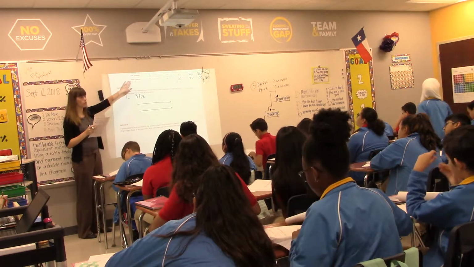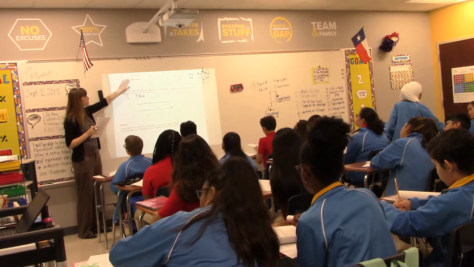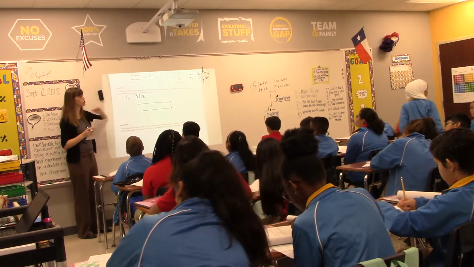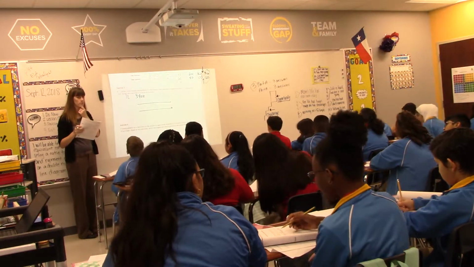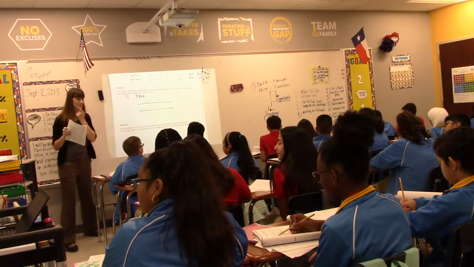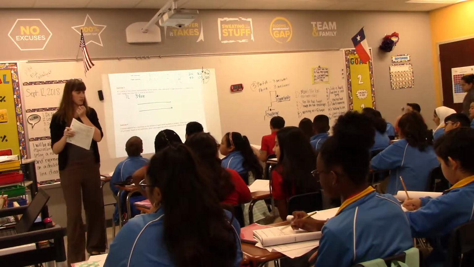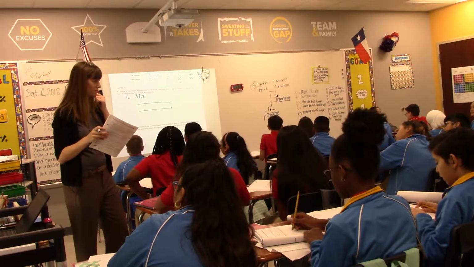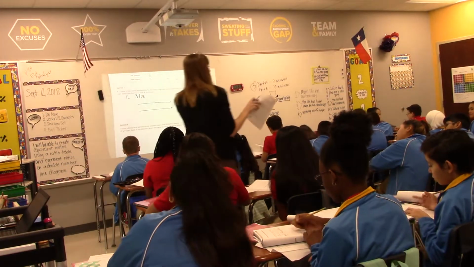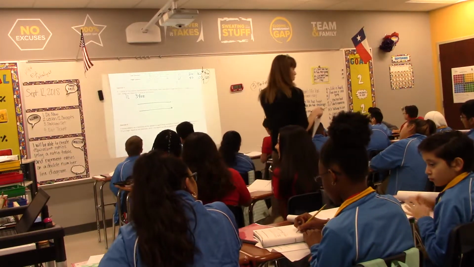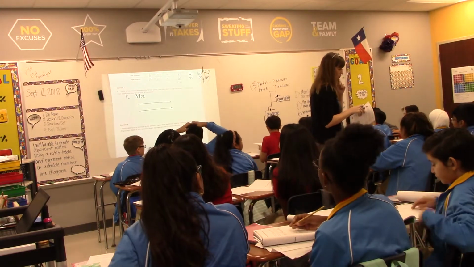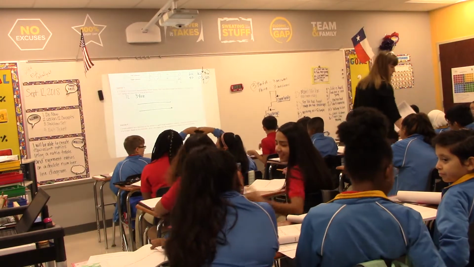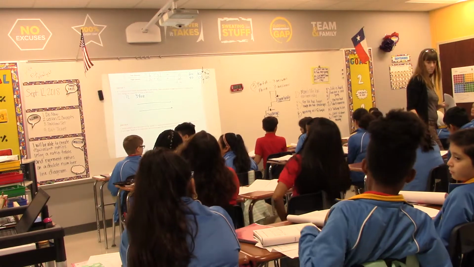Well, look at your table. Look at your table and talk to your partner about why we need 2 number lines. Because we need to find how much cola in ounces and sugar in grams.